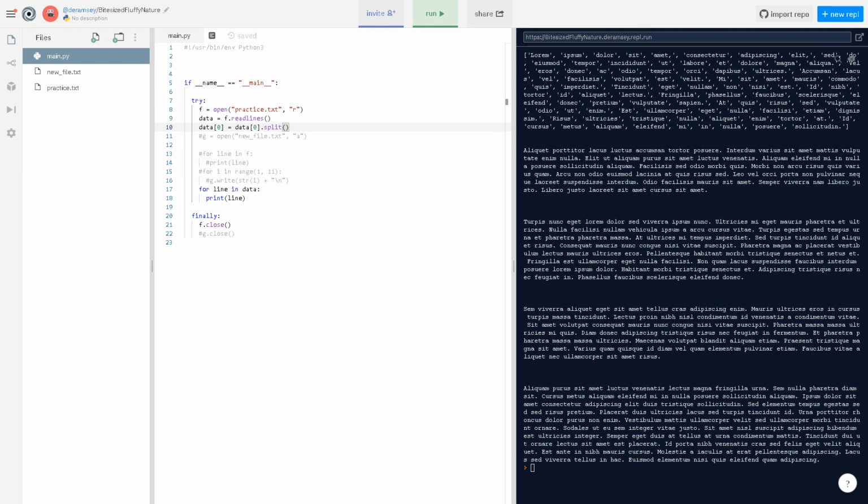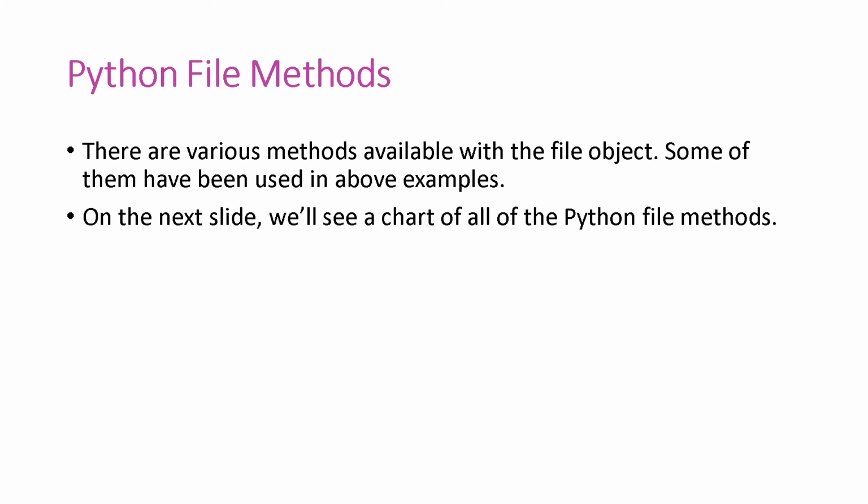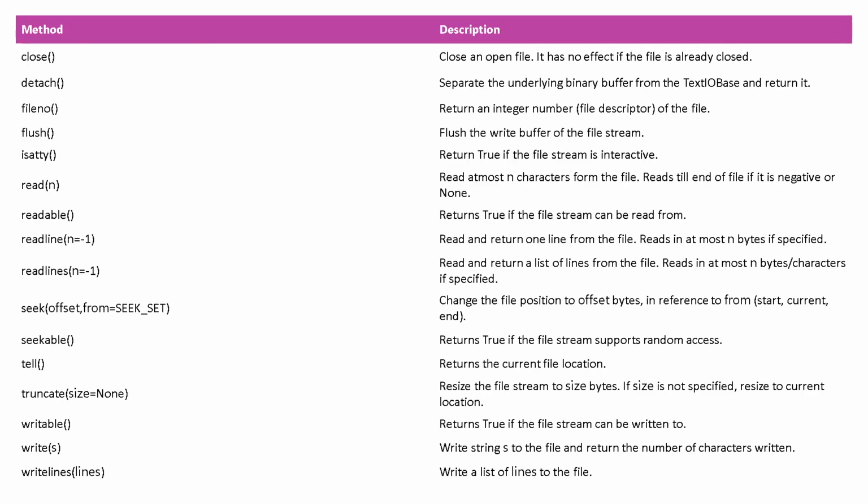So we've got these Python file methods, and there aren't really a ton of them, and not that many that we really need for the scope of our course. There are various methods that work with the file object, and we used some of these previously. On the next slide, I have a fairly comprehensive list of Python file methods.